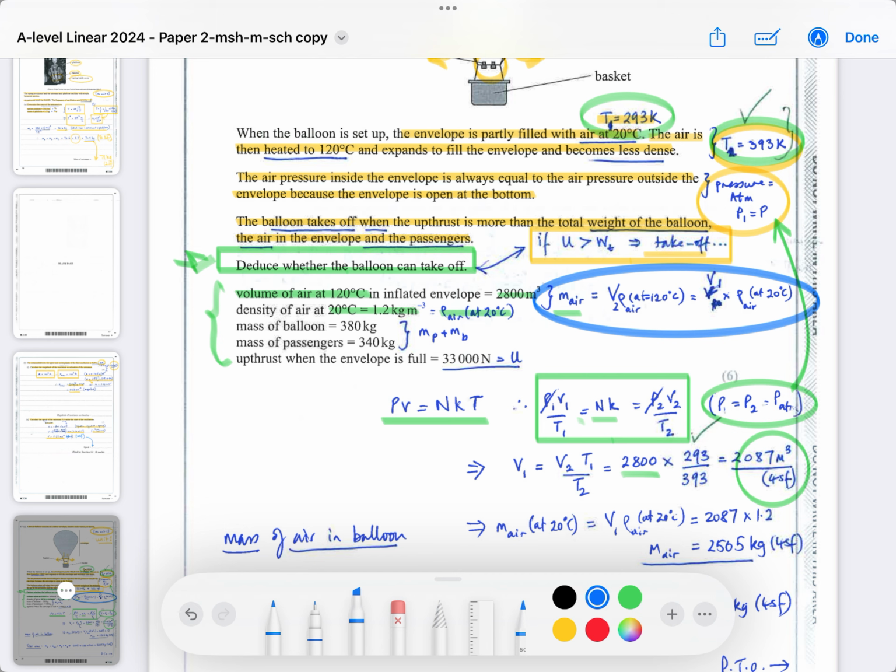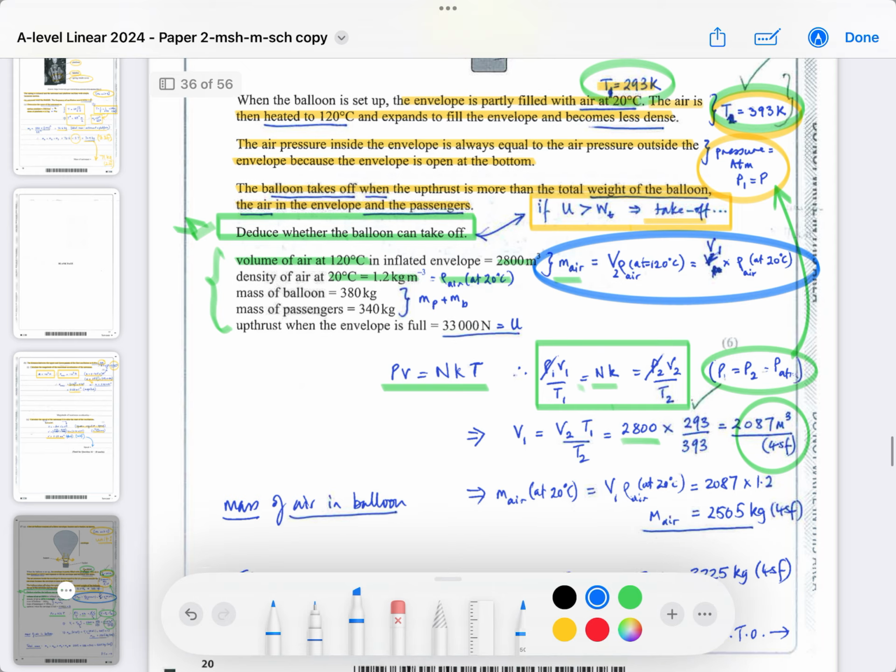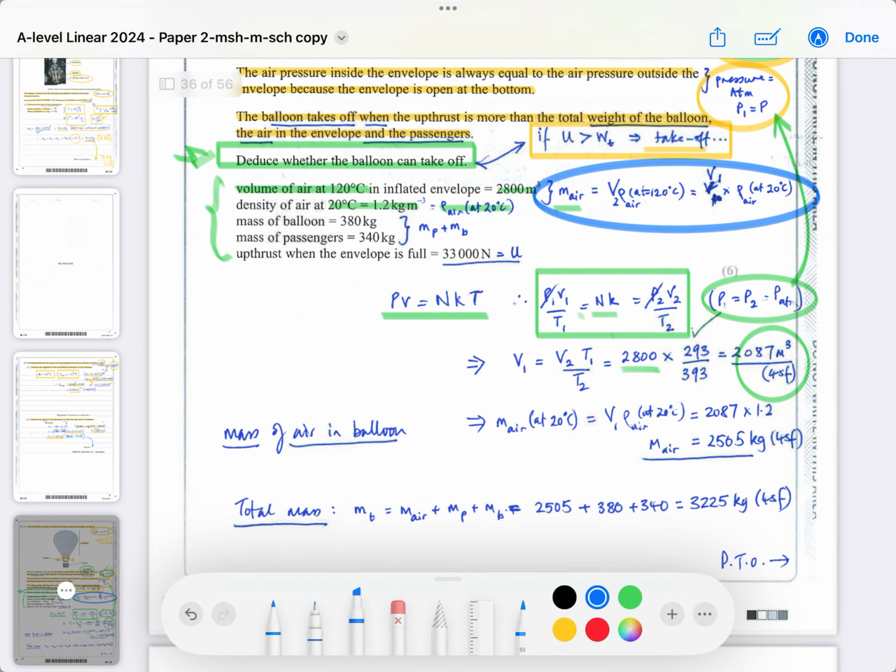So now that we know volume 1 and volume 2, what are we trying to find out? Whether the balloon can take off. Okay, so we want to know if the upthrust of the balloon is greater than the weight. Okay, so the mass of air in the balloon, I've said, is equal to the mass of air at 20 degrees centigrade, which is the volume 1 which we just calculated.